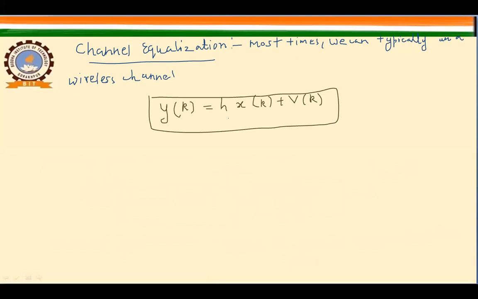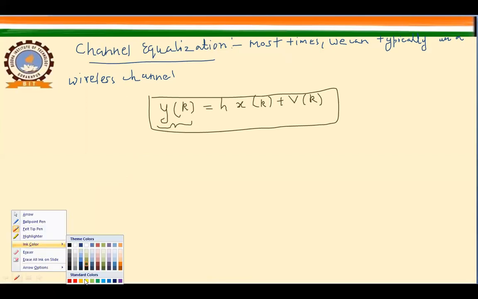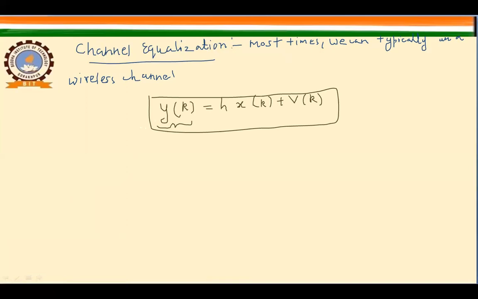Now I am taking in this way. So here this y of k, y of k is the symbol received at time k.